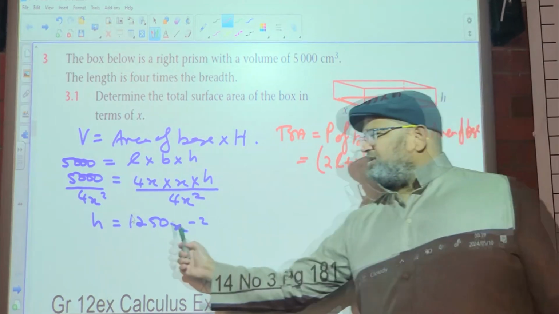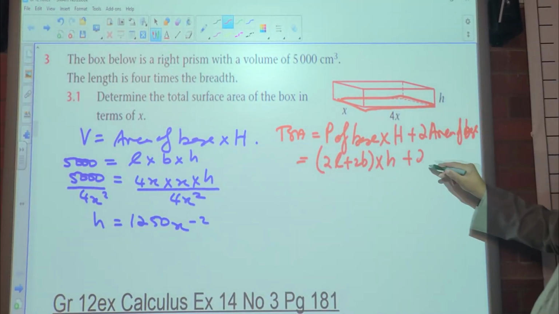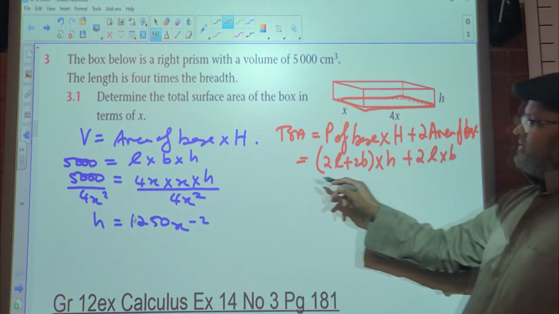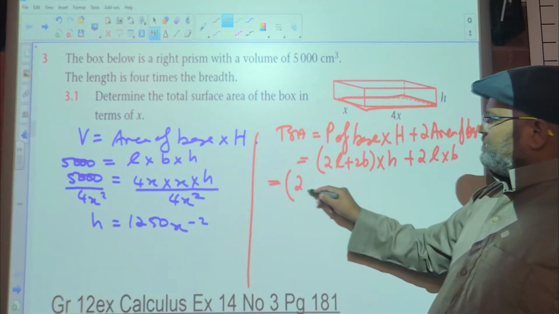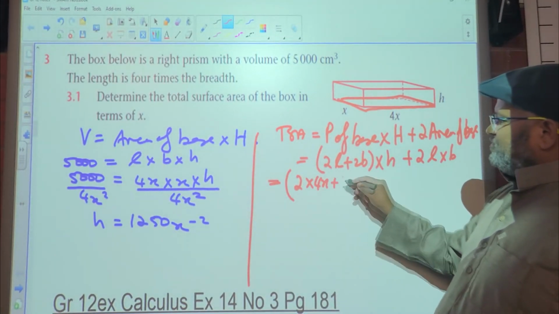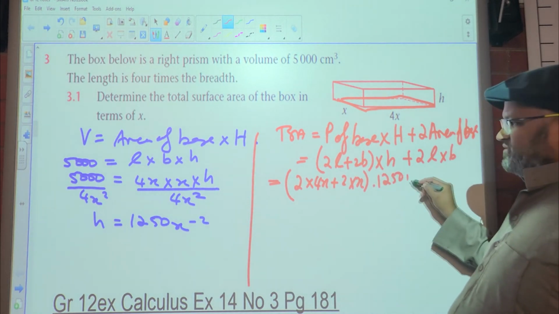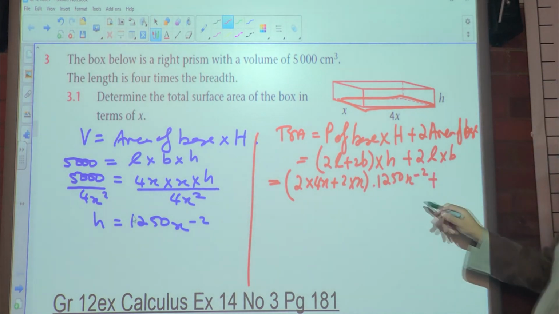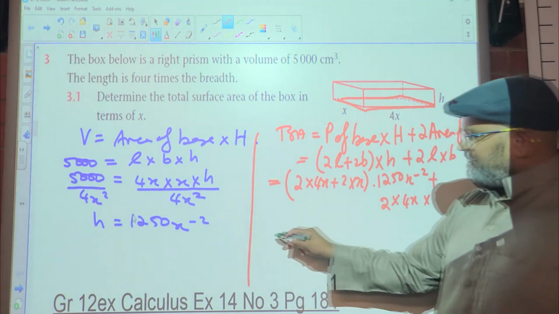And this height is going to be replaced with this here. Plus twice the area of the base, so it's 2 length times breadth. This substitution simply gives you 2 length, which is 4x, plus 2 breadth, which is x, times height, which is 1250 x to the minus 2, plus 2, my length is 4x and my breadth is x.